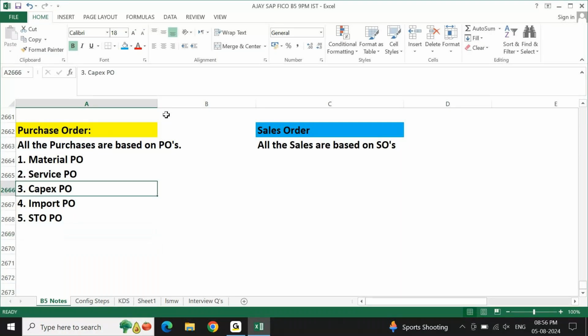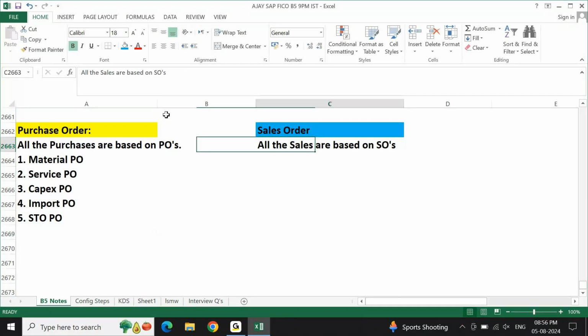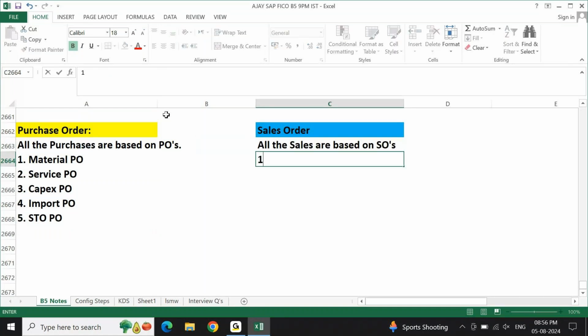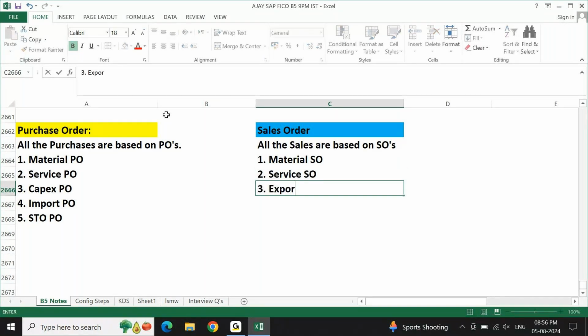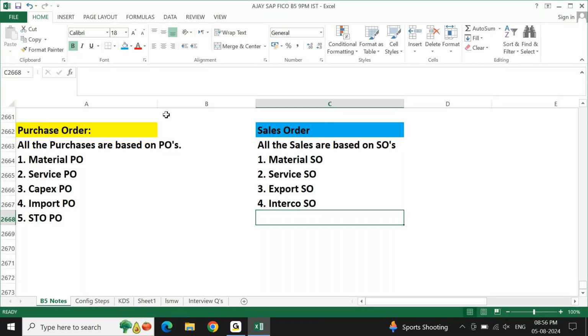Next, when it comes to sales order, though everything is a sales order, I may say material sales order, service sales order, export sales order, intercompany sales order. Likewise, there may be different categorization that you need to slowly understand.